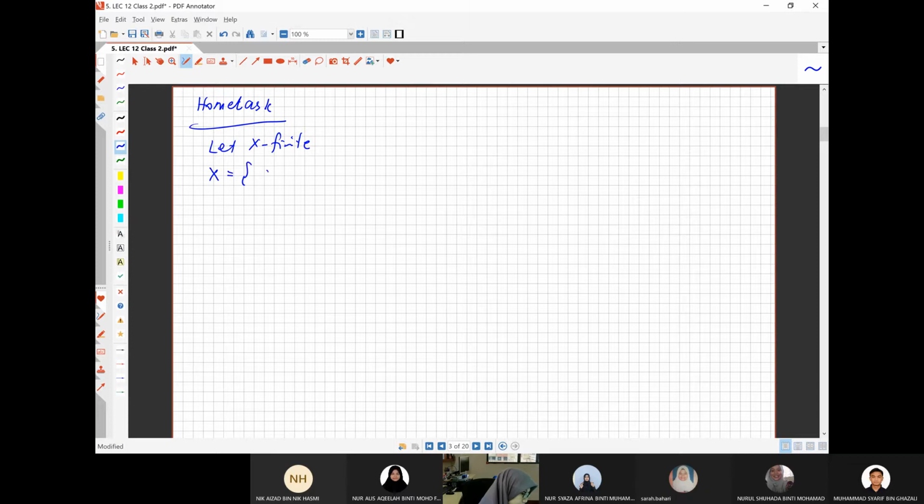So X is given by the elements A, B, C, D. And on Tuesday, we discussed the smallest and largest set, right? The smallest set is the whole X. For the largest set, you should define something. The largest set should be A, because epsilon is the set that has a single element, then B, C, and D. This is the largest.